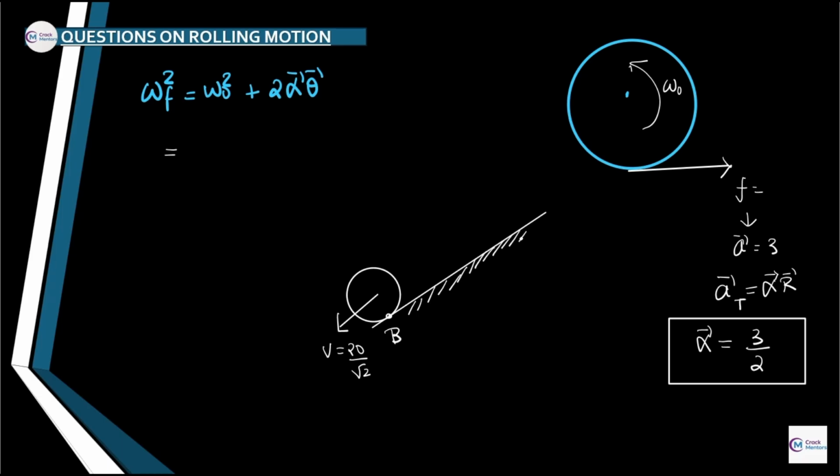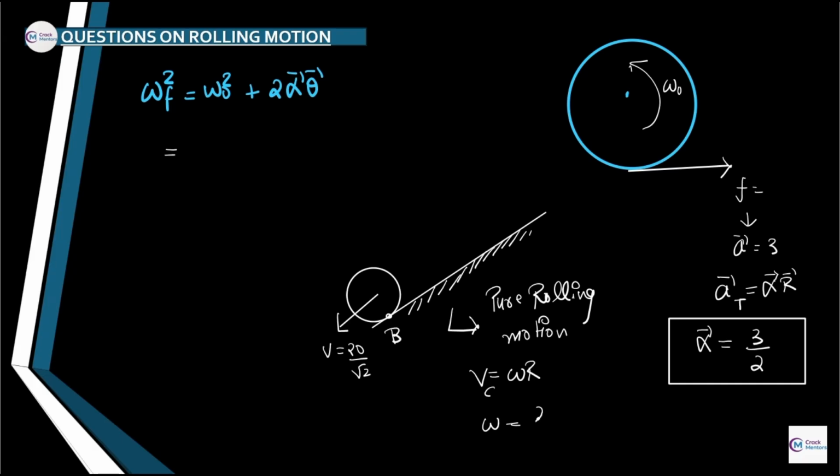Okay, and this was the pure rolling motion. Here we were observing that it is being the pure rolling motion, right? If it is pure rolling motion, that means we can say that V is nothing but it is equal to omega r.